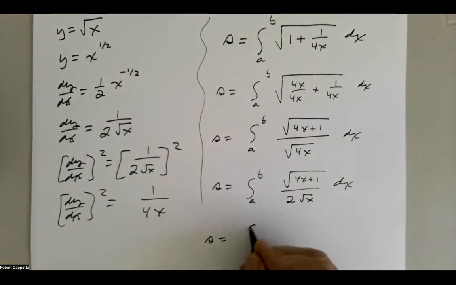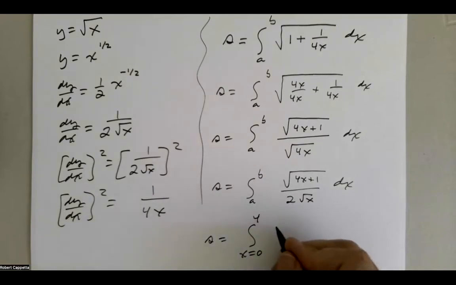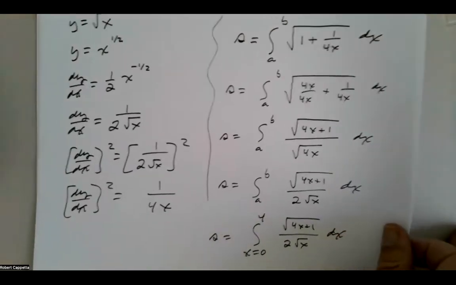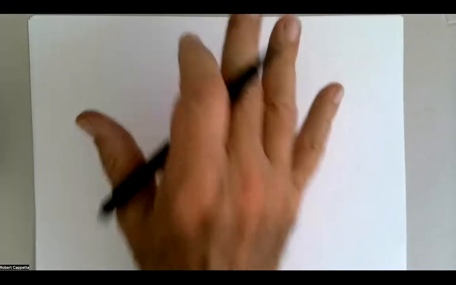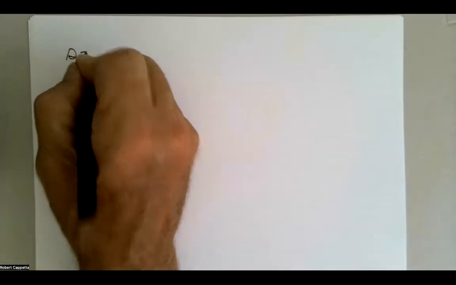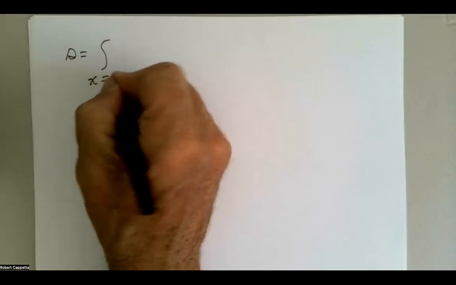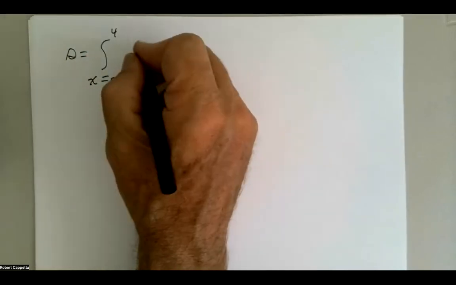S is the integral as x goes from 0 to 4 of the square root of 4x plus 1 over 2 root x. This is a nasty integral. So think about how to evaluate such an integral. What's our tool that we're going to use? We have a bunch of techniques you can try. I like trig substitution on this.